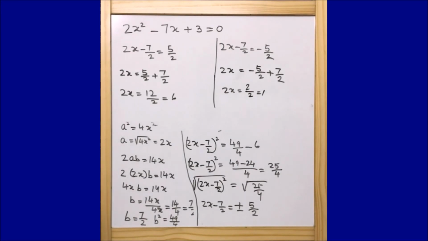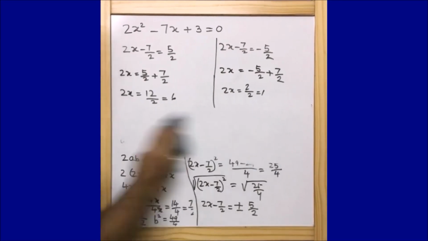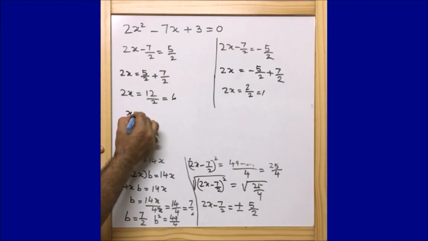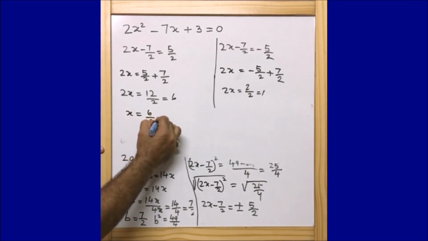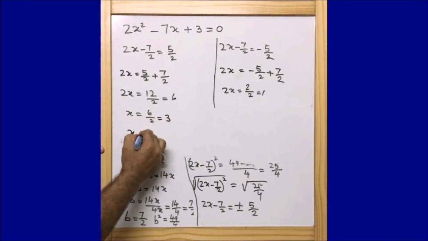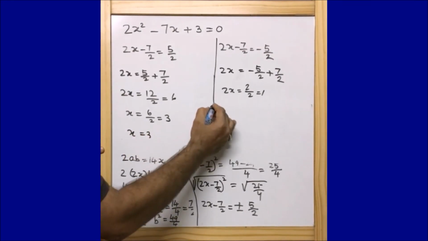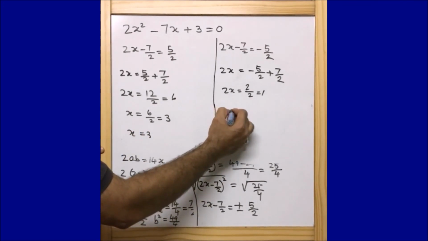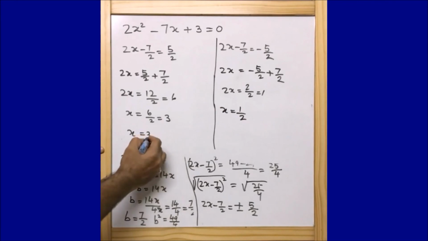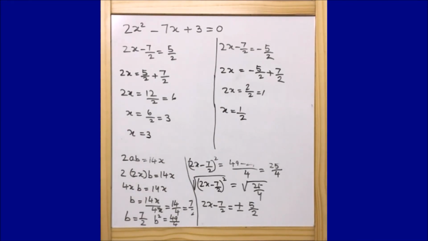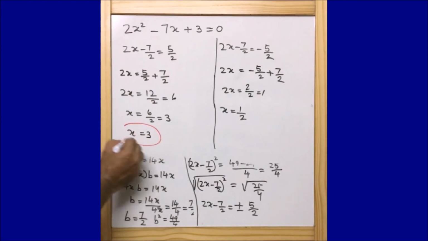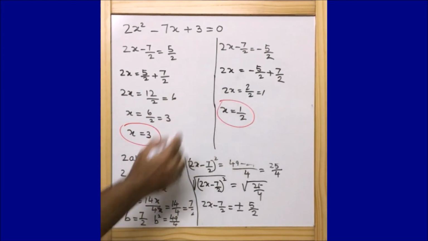Or I can say x is equal to 6 upon 2, that is equal to 3. That means we got x is equal to 3. Or similarly here I can write x is equal to 1 upon 2. So guys, these are the two real roots, the two values of x. We got one as x is equal to 3 and the other as x is equal to 1 by 2.